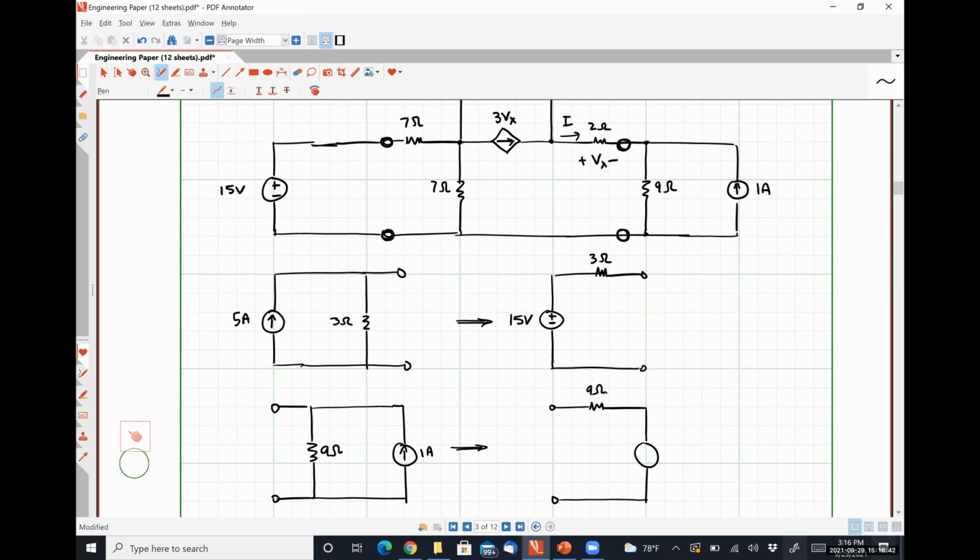Does it matter if I change their order? No, not even a little bit. I can change the order of things in series all day long, makes no difference whatsoever. I can change the position of things in parallel all day long, makes no difference.